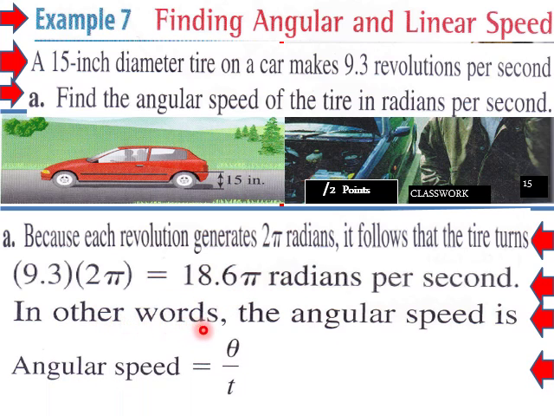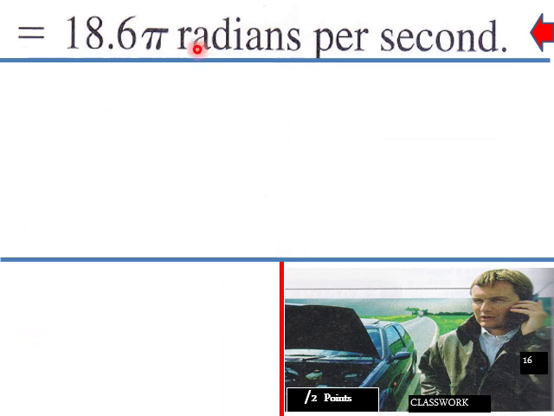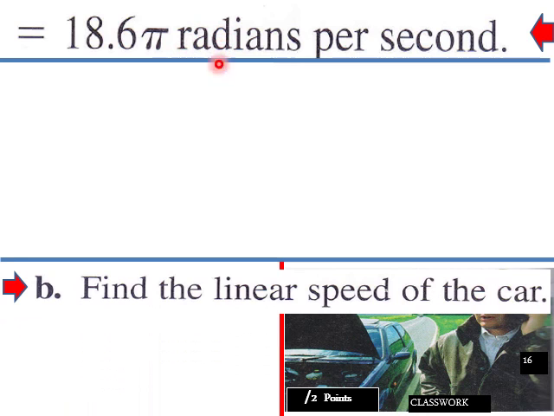In other words, the angular speed is theta over time, and then theta in this case is 18.6 pi over 1 second. So now 18.6 pi radians per second.